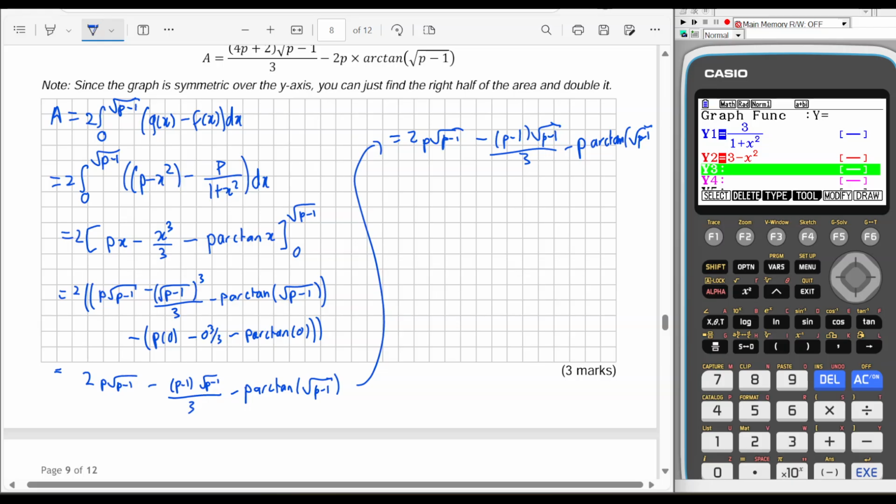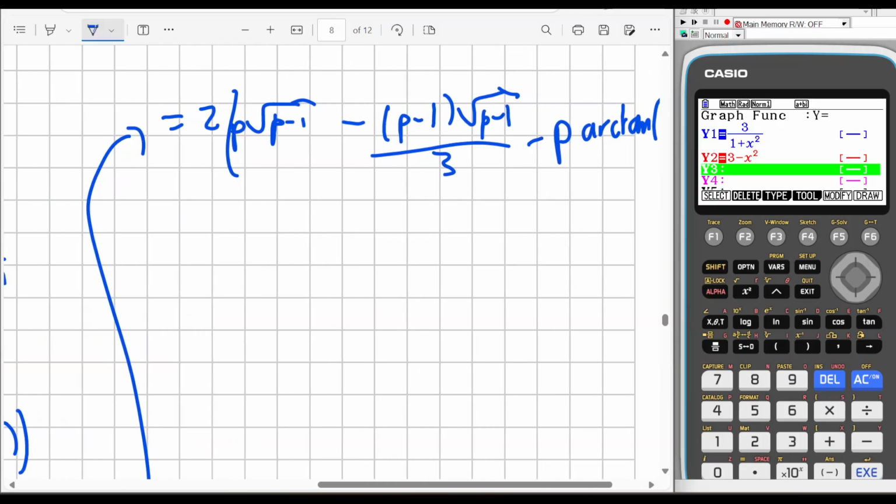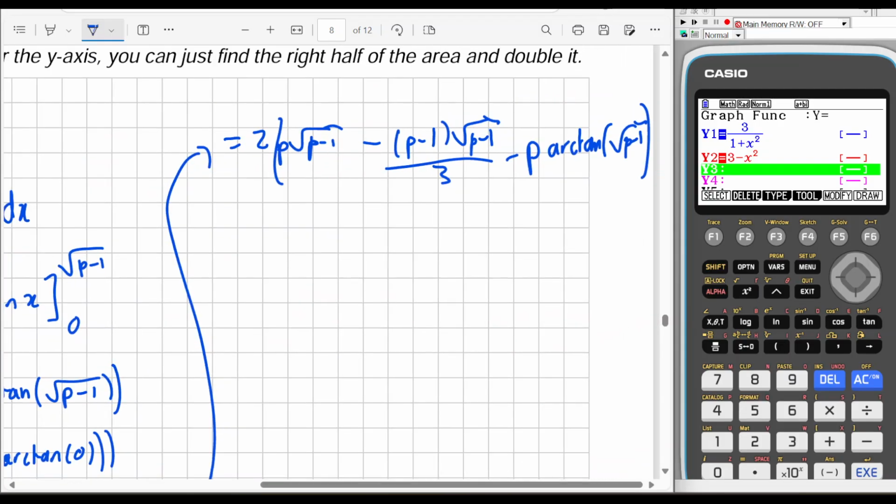And that should have a bracket around the whole thing. There we go. Okay. Now, the trick for the first two terms is to pull out a common factor of root p take 1. So what we're going to be left with, we'll put root p take 1 on the very end. But it is p take 1 over 3.